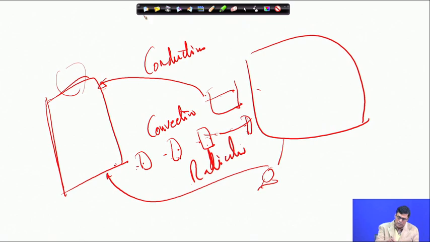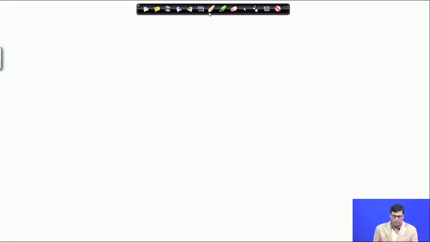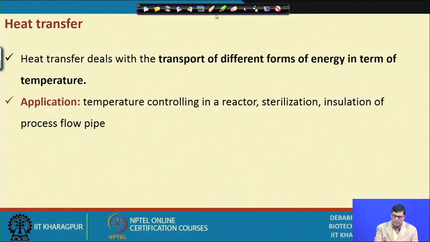So these are the three mechanisms largely applied in heat transfer. Heat transfer deals with the transport of different forms of energy in the form of temperature. So this we understand.